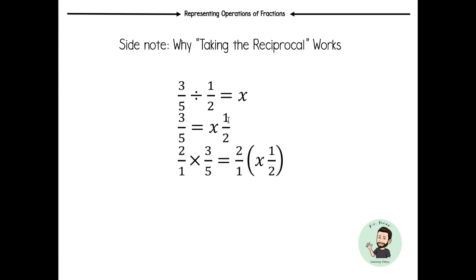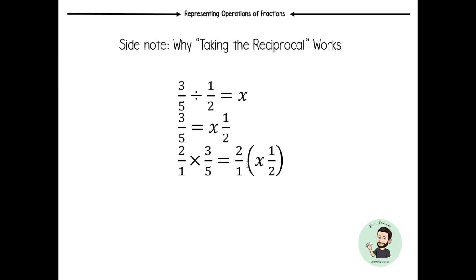So from there, what we can actually do, we can cancel out this half by multiplying that whole side by 2. However, if we do that, we have to do the same thing to this side. Again, that's another way that we maintain equality, right? If we add the same thing to each side, it still equals the same thing.